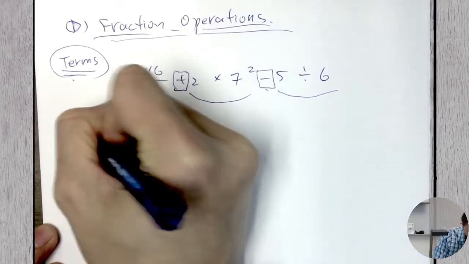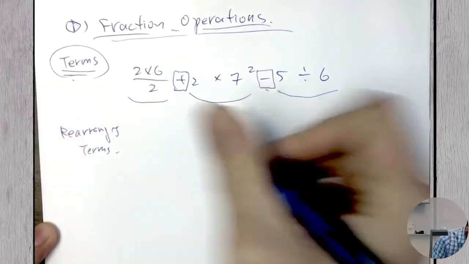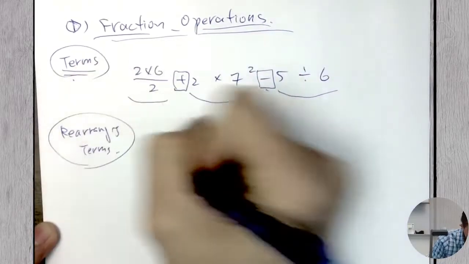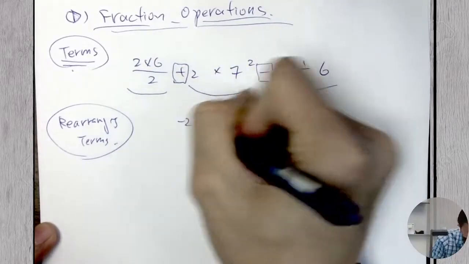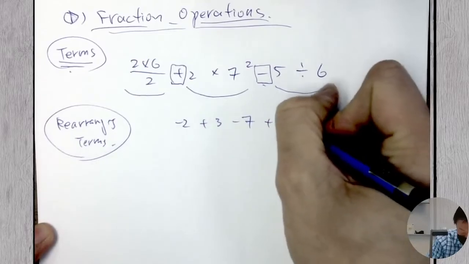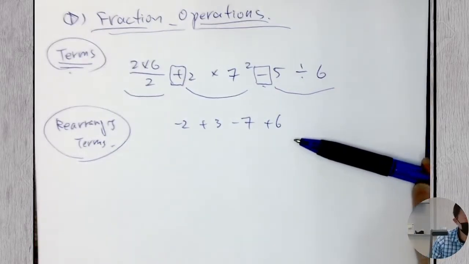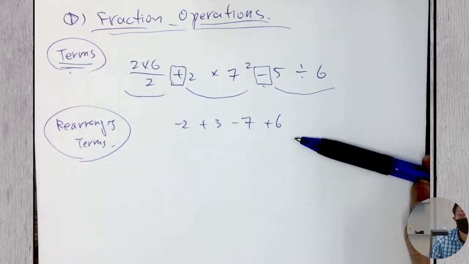Rearrange terms. Say, for instance, you have -2 plus 3 minus 7 plus 6, right? In this case, can you tell me how many terms I have? 1 term? 2 terms? 3 terms? 4 terms? 4, thank you.